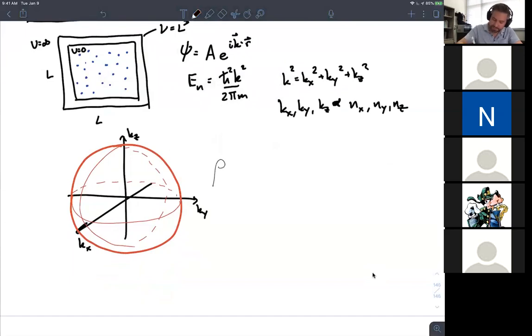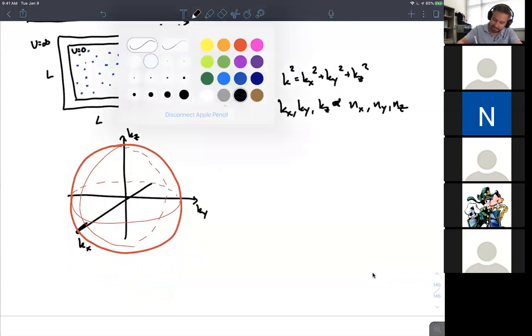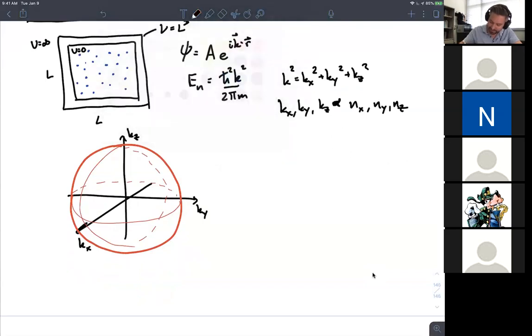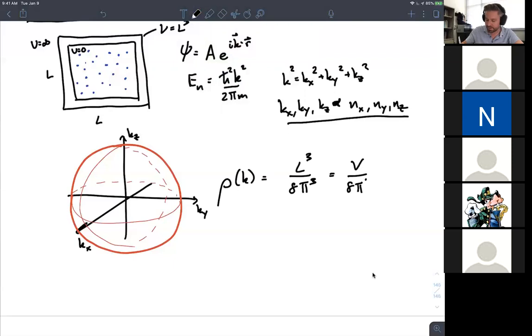So our density of points within the grid that correspond to these discrete possible values of our k vector comes out to be exactly the same thing we had before, L cubed over 8 pi cubed, which you could also write as V over 8 pi cubed.